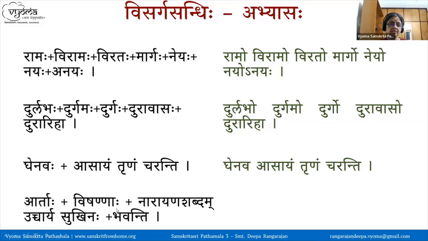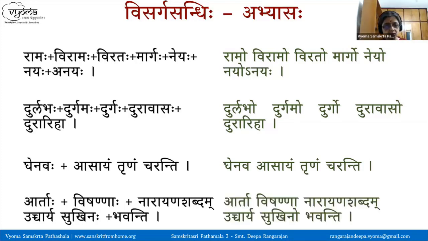It becomes Okara and Purva Rupa. That's it. Purva Rupa will not happen, because only if there is Hrasva Akara which follows do we have Purva Rupa. Here we have Akara, which is just a soft consonant. Artha Vishanna, that is why Visarga Lopa, because it is preceded by Hrasva Akara followed by a Mridu Vyanjana.